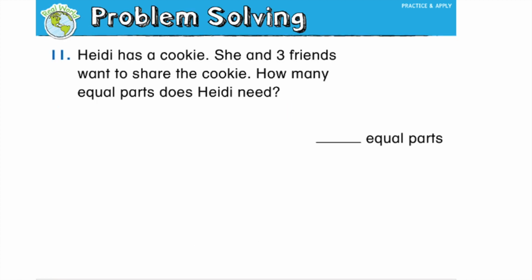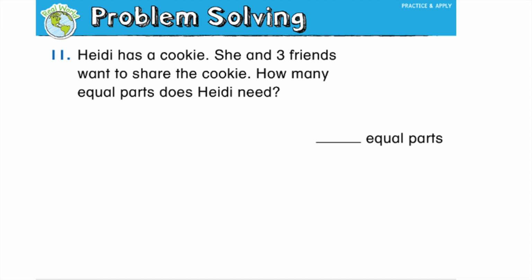Let's solve this problem together. Haiti has a cookie. She and 3 friends want to share the cookie. How many equal parts does Haiti need? Think carefully, don't get tricked. Let's read it again carefully. Haiti has a cookie.